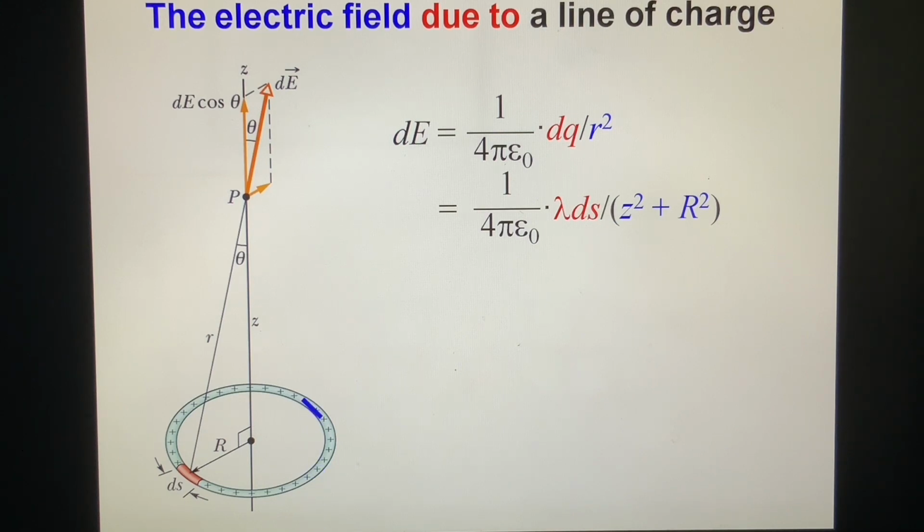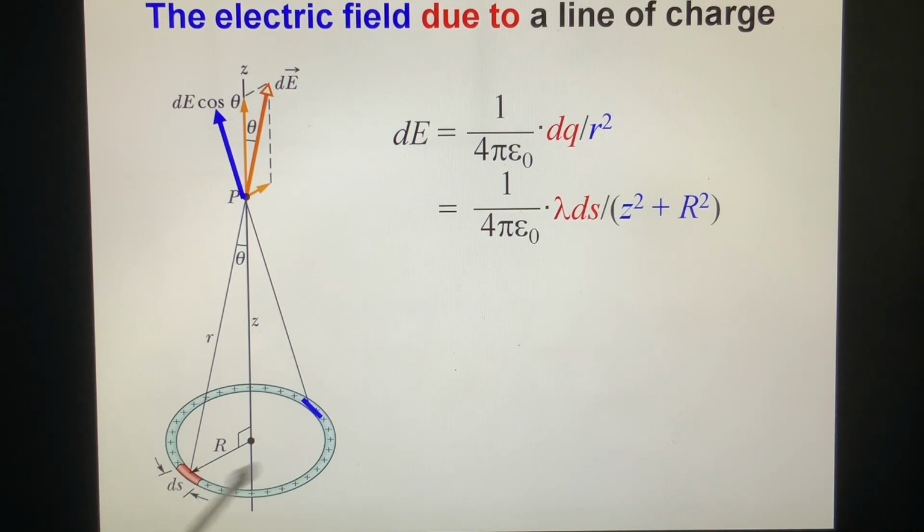Now, because of the symmetry, we take another section ds, same length, at the other end of the diameter. This charge will produce a dE at point P like this one. The magnitude of this dE must equal the first dE because of symmetry. Combining these two, only the component along the Z direction adds up. The component perpendicular to the Z direction cancels out.